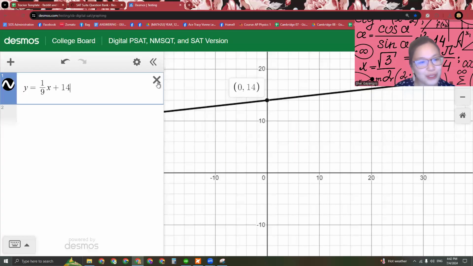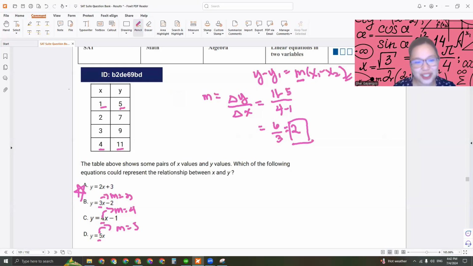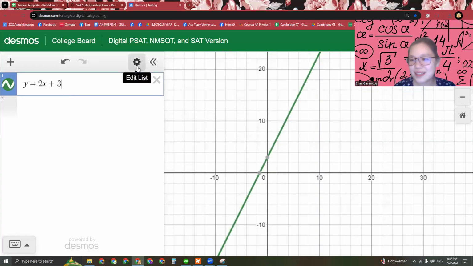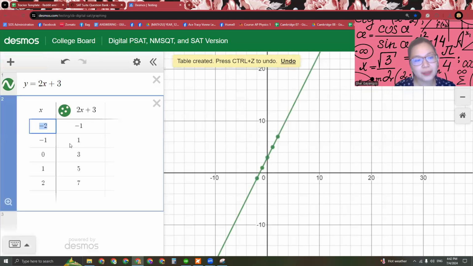Okay, what do you think we're doing? Correct. We're going to Desmos and see. Is my intuition correct? Then you can just go ahead and use Desmos to double check. Again, if you just want a table of values in Desmos, click this button, edit list, create table.